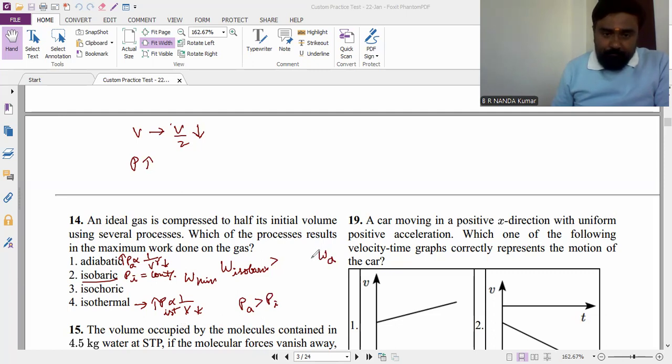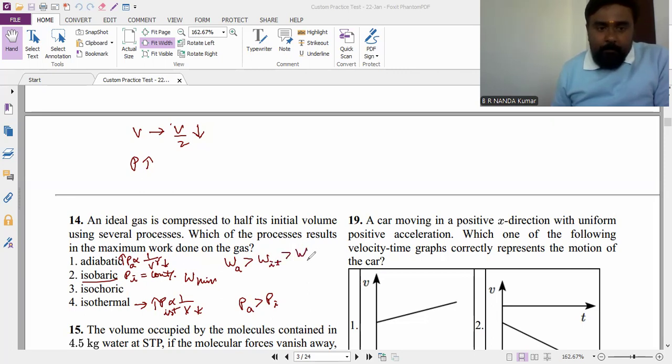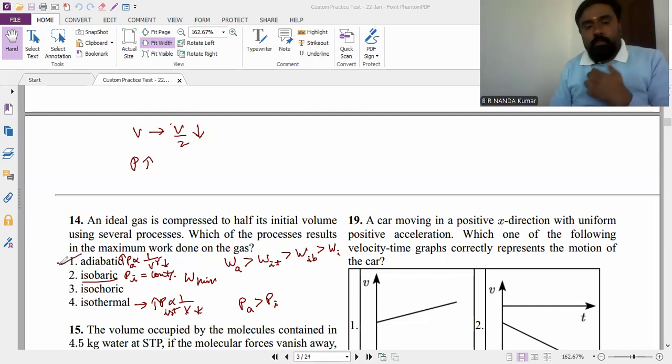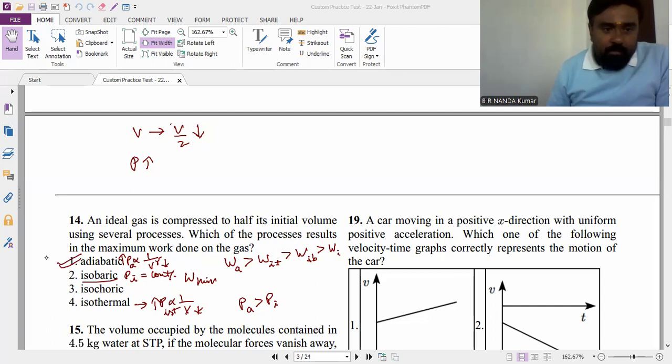So the order is: work done in adiabatic is maximum, then isothermal, then isobaric, and finally isochoric. So the right answer is the first option.